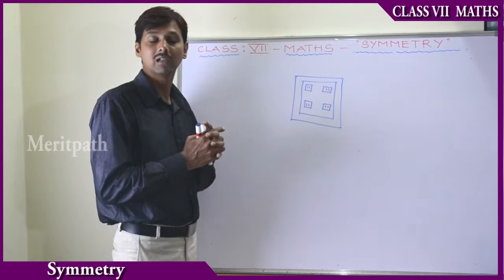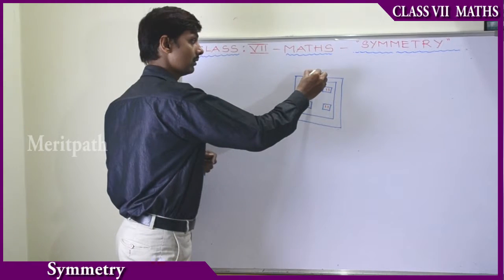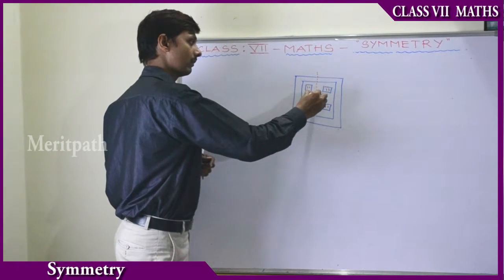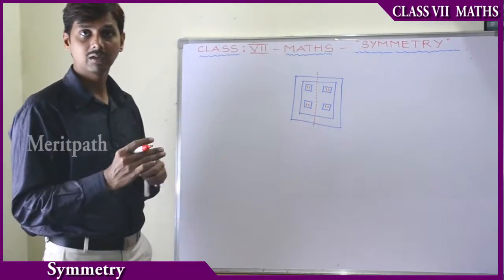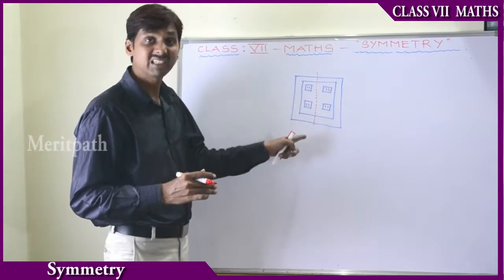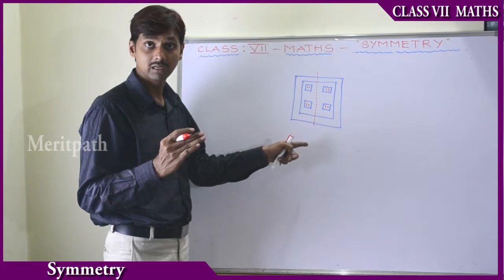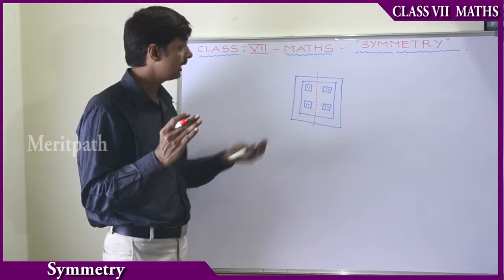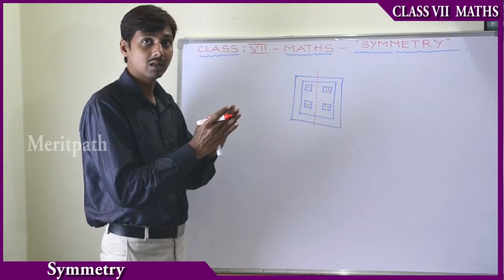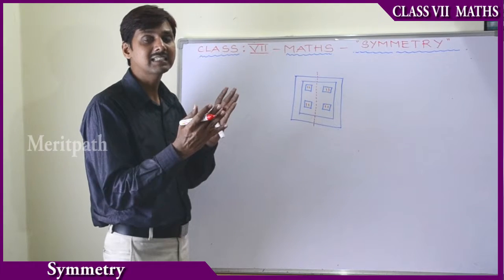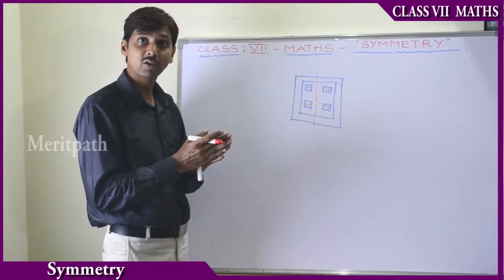This is called a line of symmetry. For example, we draw a line in the middle of a particular figure and fold the figure along this line. Then the two parts will coincide, and this is called a line of symmetry.